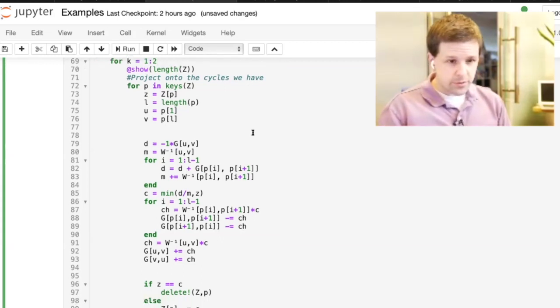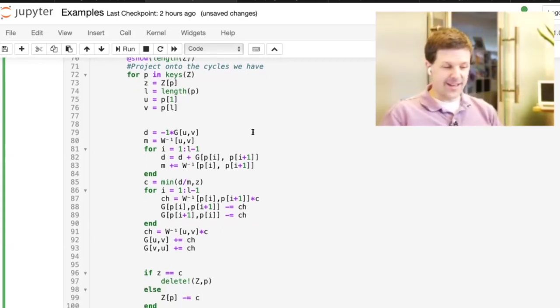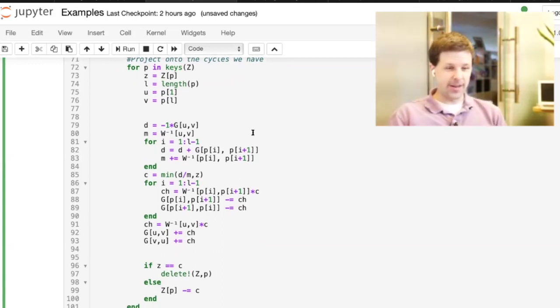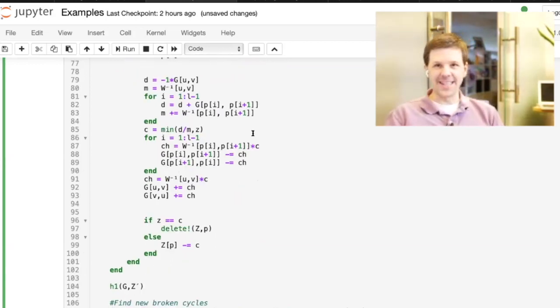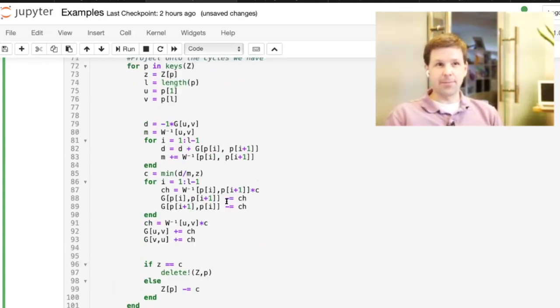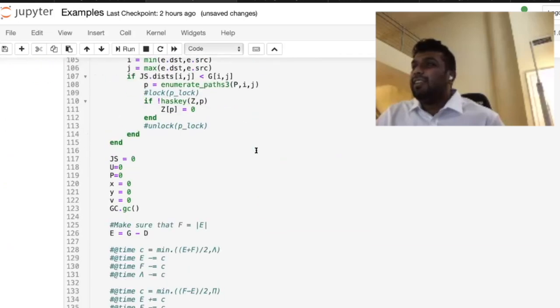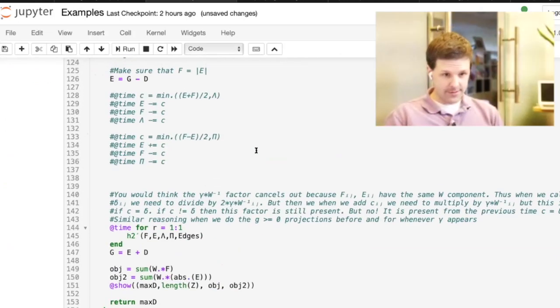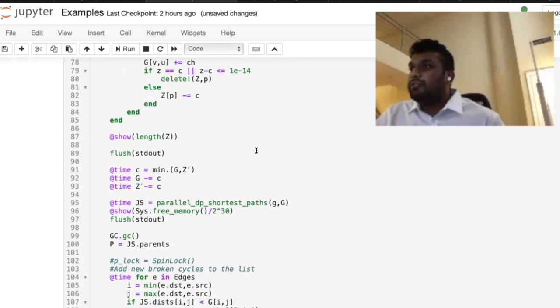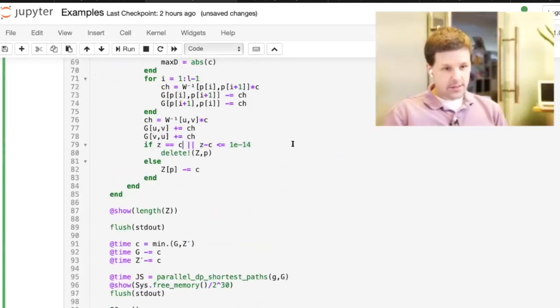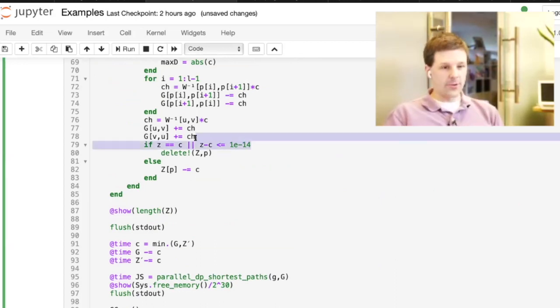Now a couple of quick questions here. My original training was all in numerical analysis, so when I see stuff that says if Z is equal to C, that always sends warning signals up as far as whether you expect exact equality there. I think I do have versions of the code where it's just, if it's smaller than.